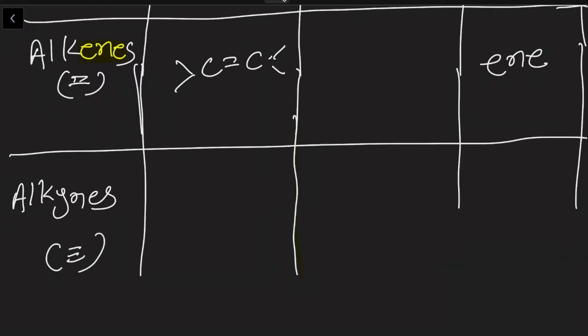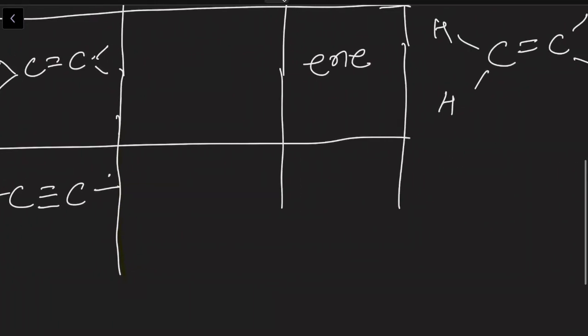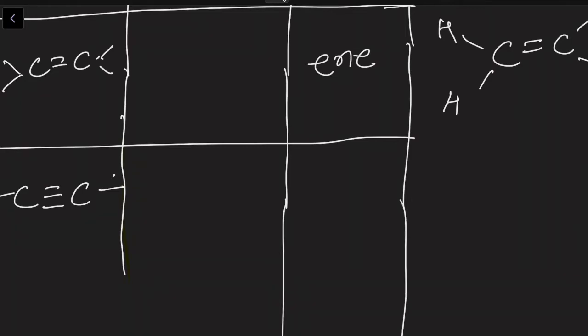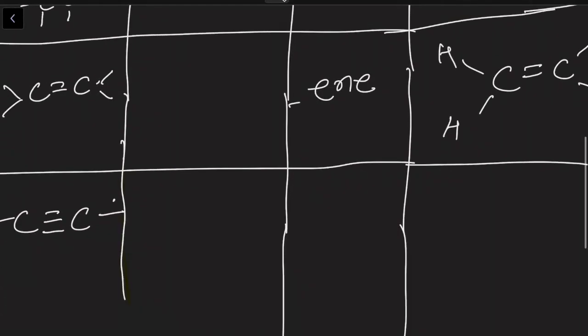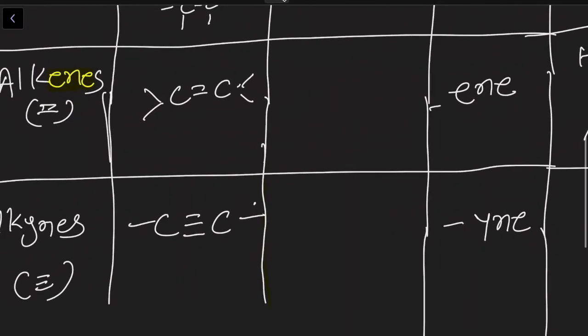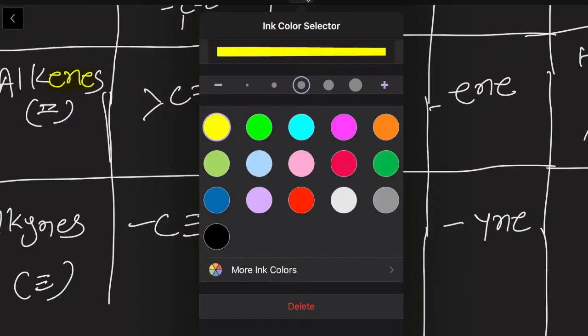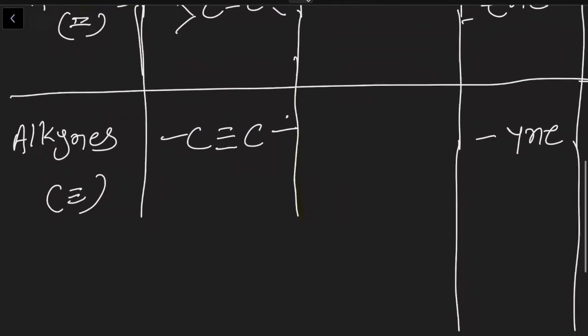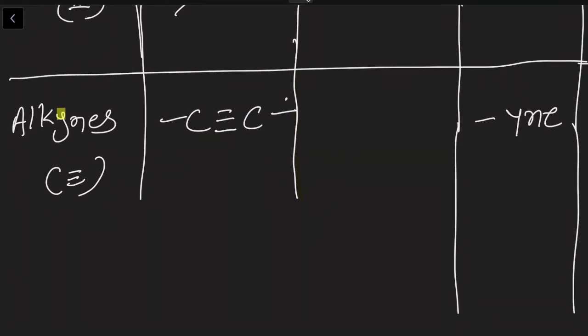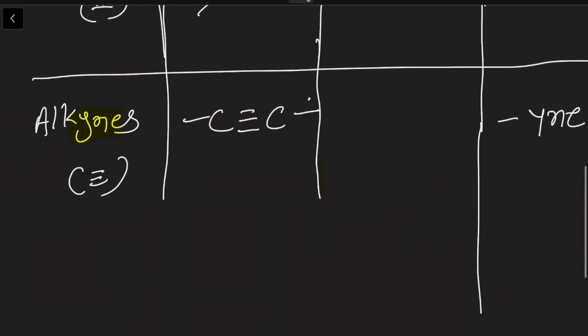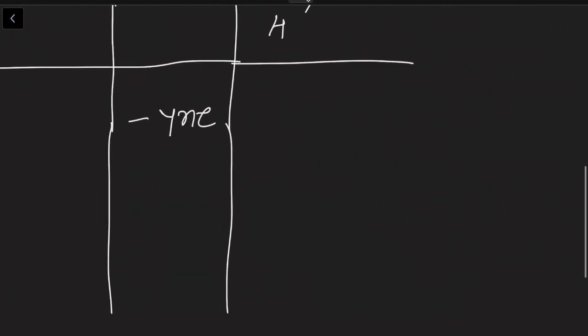And this is a triple bond between 2 carbons. And it does not have a prefix, it's never used as a prefix. We can have a suffix which is Y-N-E, and same as the alkanes and alkenes, alkyne also has its suffix inside its name. All right, Y-N-E.